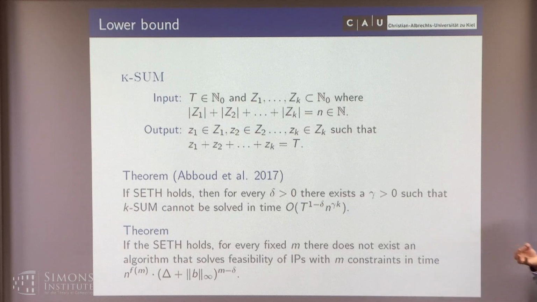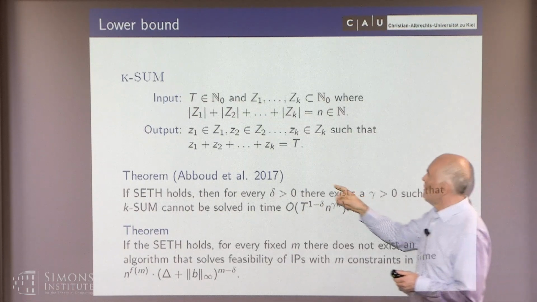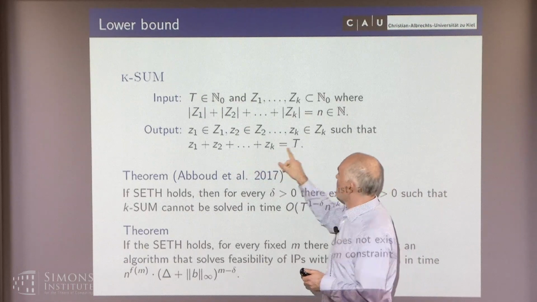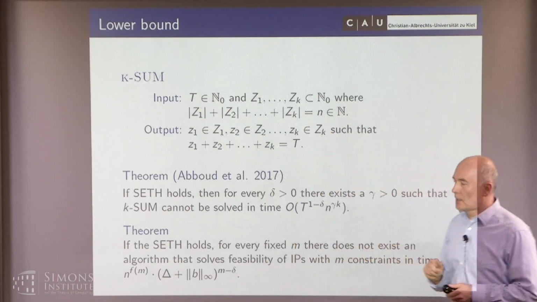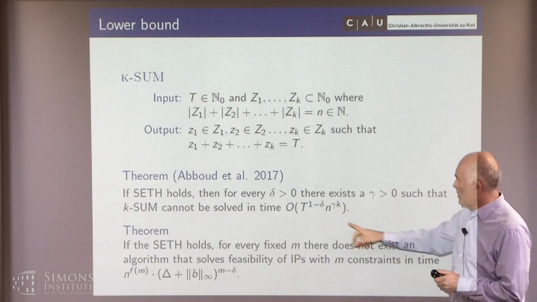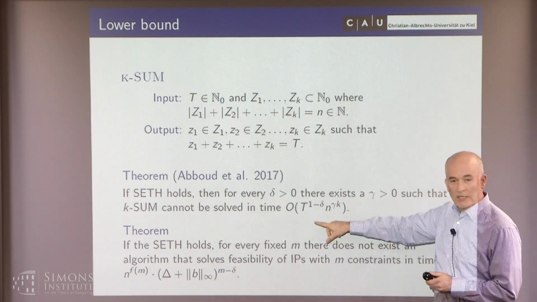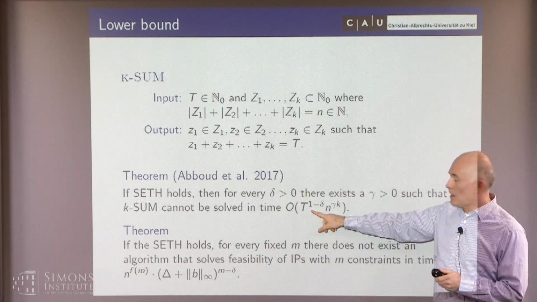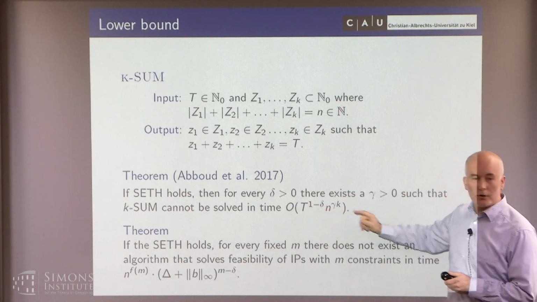And then you ask, is there a possibility to choose an element from each set so that the sum of the values is exactly the value t here. And they proved a very nice result that helps us a lot. If the strong ETH holds, then there's no algorithm for k-sum with this running time. The nice thing is the dependence on t also here, t to the 1 minus delta, and a polynomial in n.